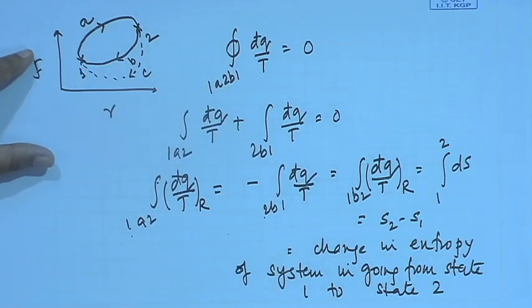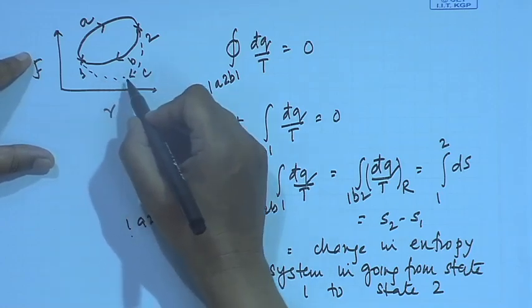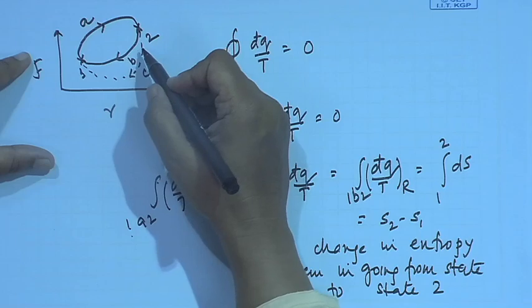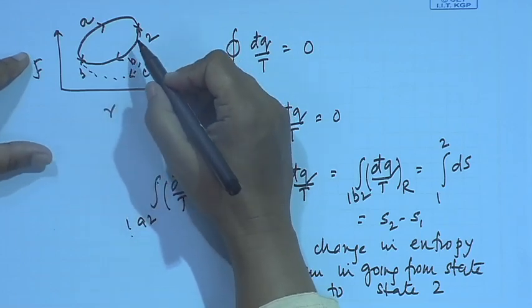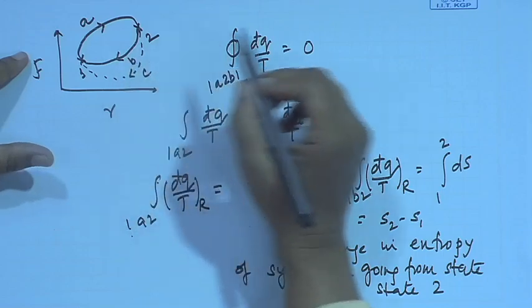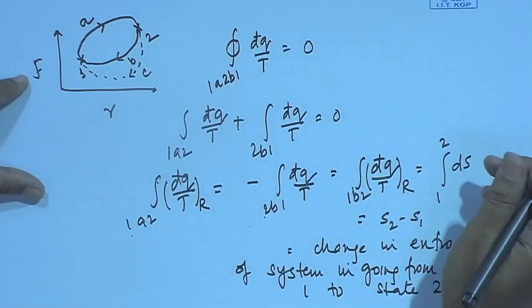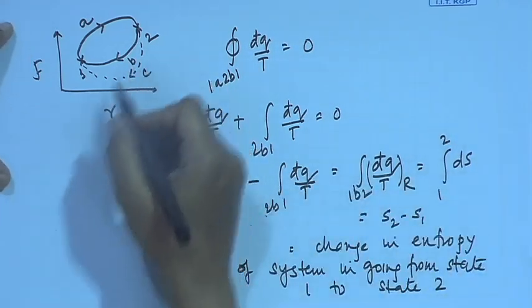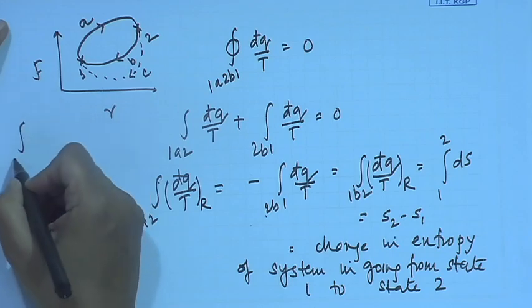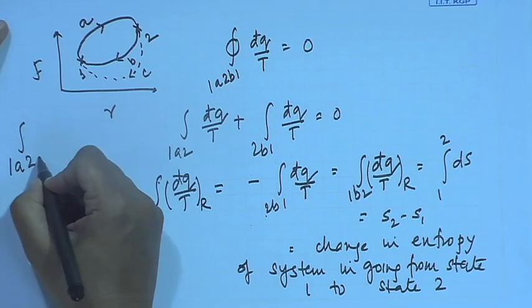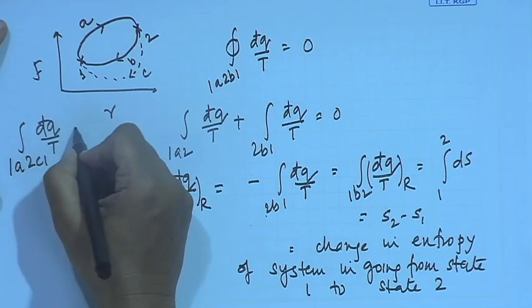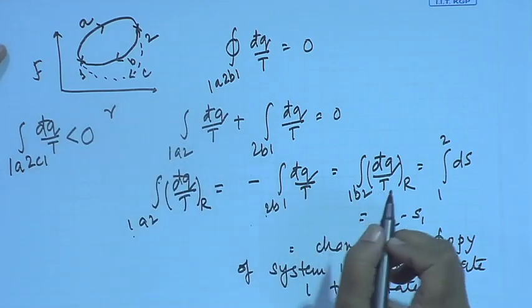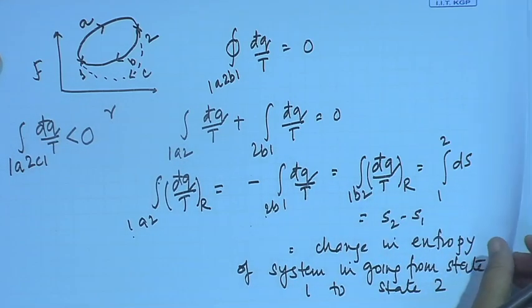Since in this case the path is undefined, there are several non-equilibrium states in the process. So, the curve joining them is depicted by a dotted line and not a solid line for the irreversible process. Now, for this particular cycle, say integral 1A2C1, the quantity dq by T is less than 0 from the Clausius inequality, isn't it?